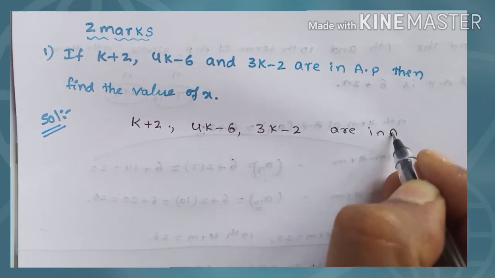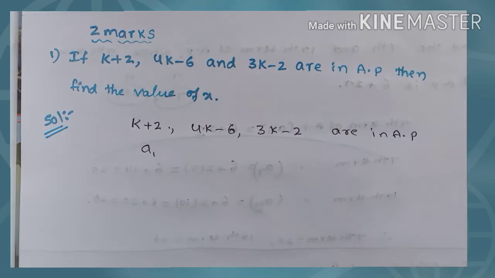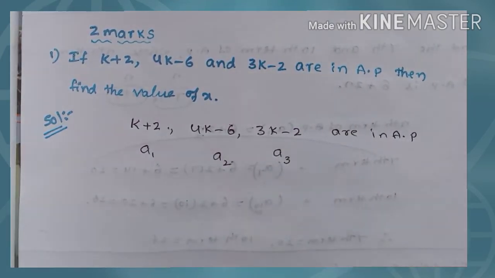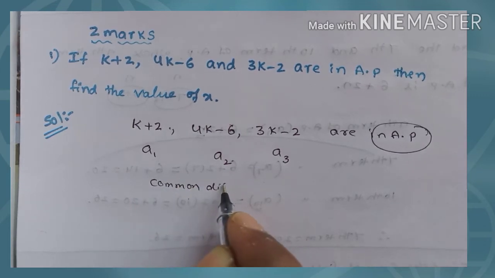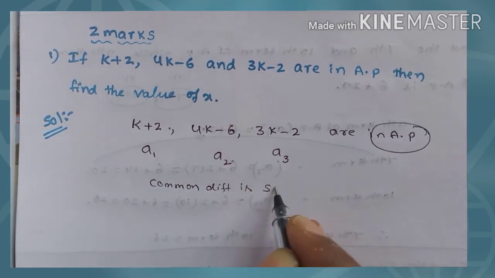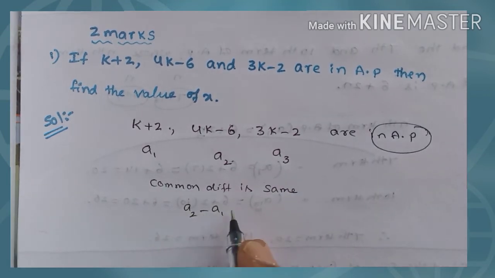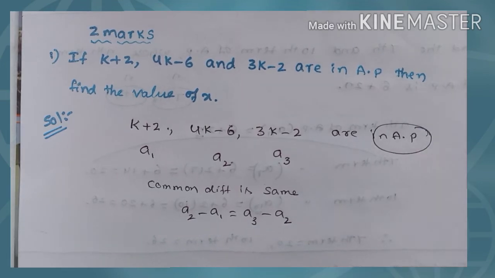This is called first term A1, second term A2, third term A3. If the terms are in AP, we know the common difference is the same. Means A2 minus A1 is equal to A3 minus A2.